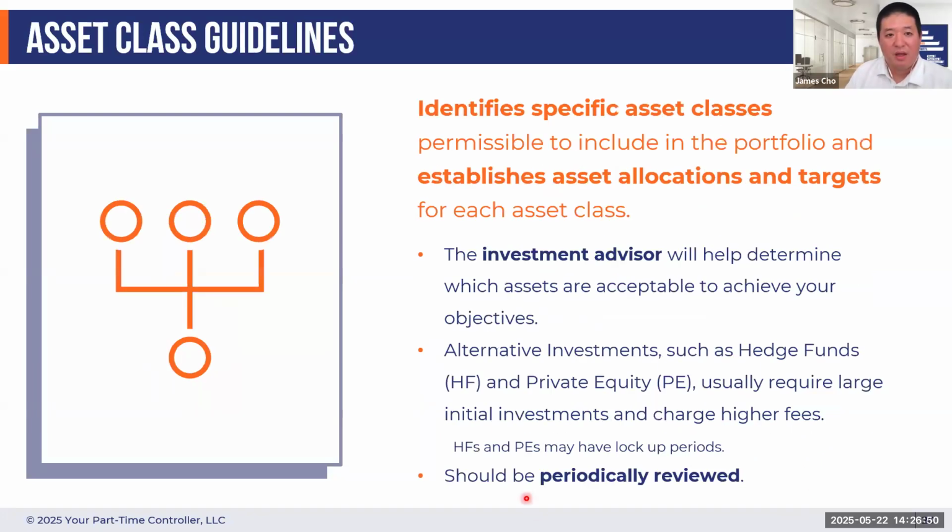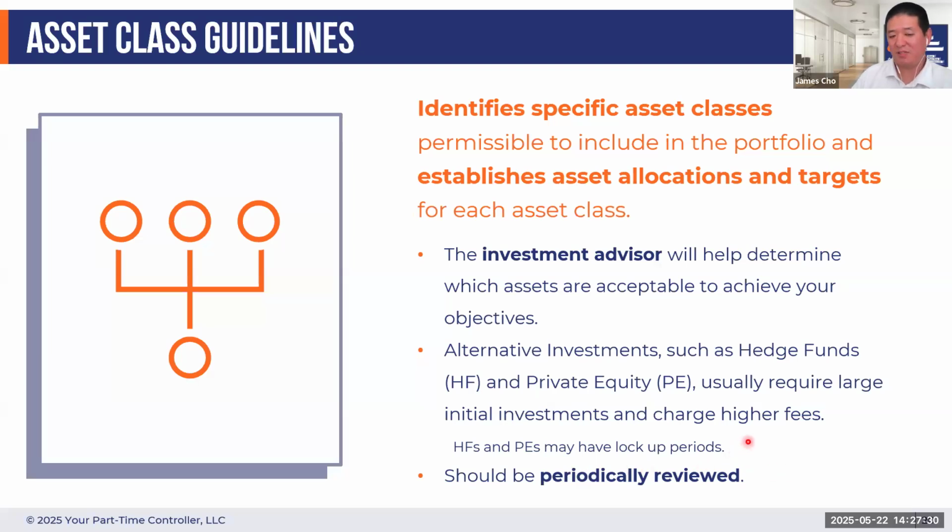For asset class guidelines, your advisor, like I said earlier, will determine what assets you're going to invest in, the best way to achieve your objectives. There are other choices. If you want to go a little more on the aggressive side, or have a longer time horizon for your investments, alternatives are available. Just make sure you know they require larger initial investments, they charge higher fees, and they may have lockup periods.